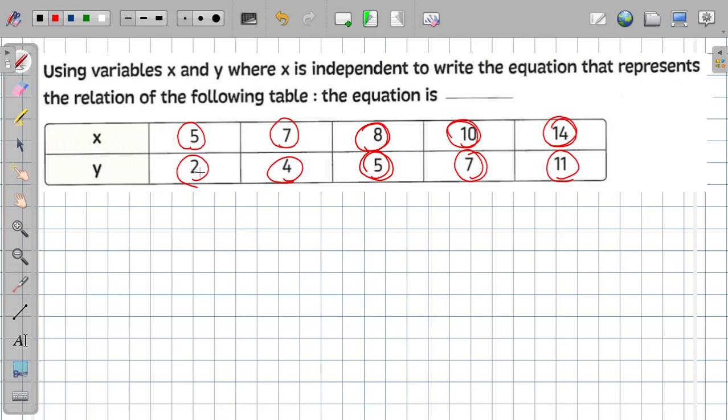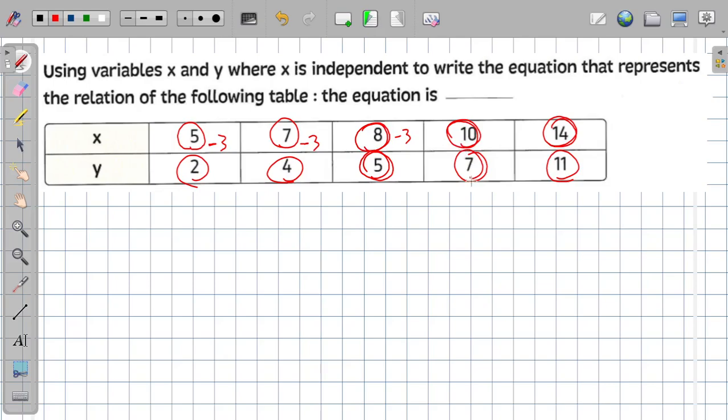So let's try with another ordered pair. I have here 7 and 4. The difference between these two numbers is 3. So I subtracted 3 from 7. So I have 7 minus 3. And here I have 5 minus 3. But here I have 8 and 5. The difference is 3. So I can say 8 minus 3 equals 5.